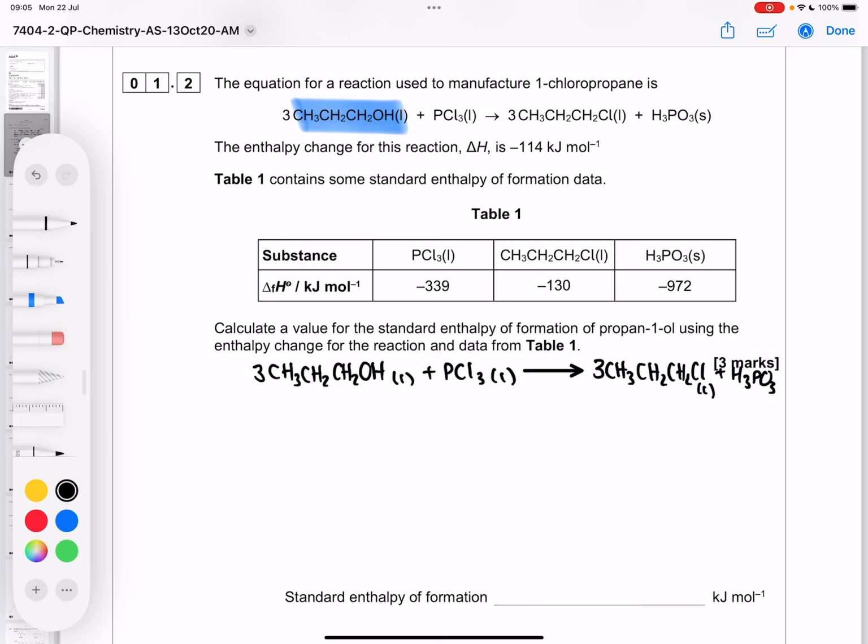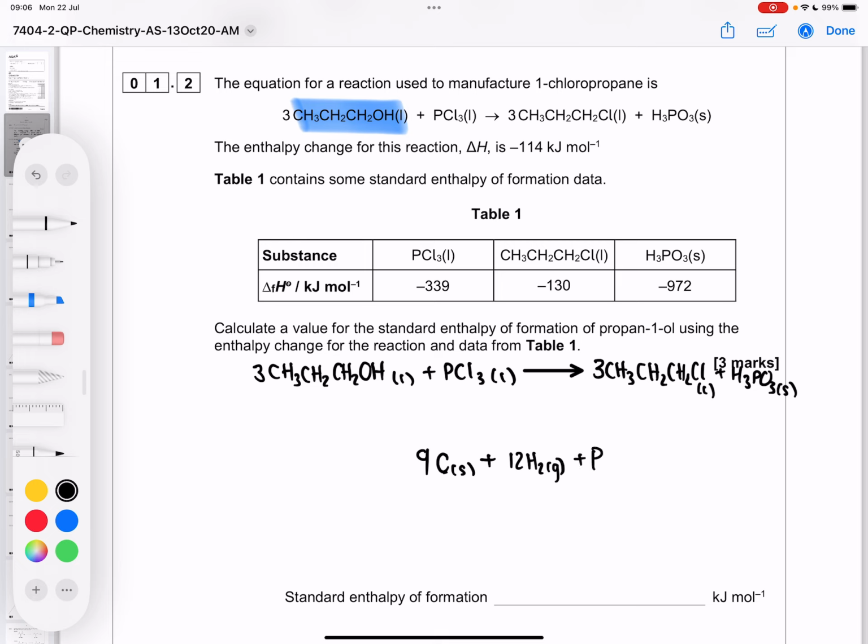and if I just put these state symbols on, from the elements, so we have got carbon, which is a solid, 9 carbons on each side, because 3 propan-1-ols. And then we've got 8 times 3, 24 hydrogens, or 12 H2 gas, a phosphorus.